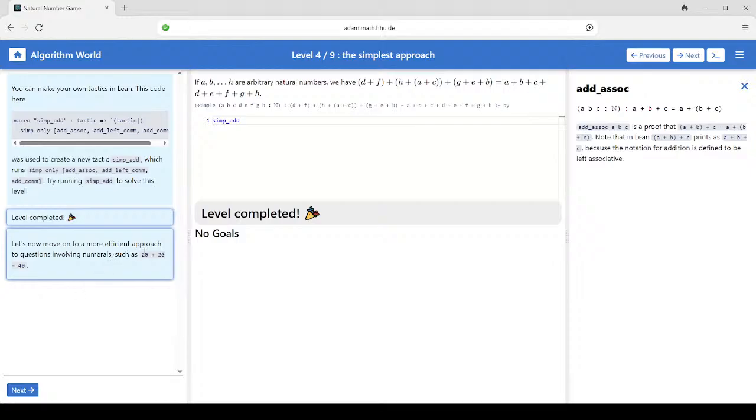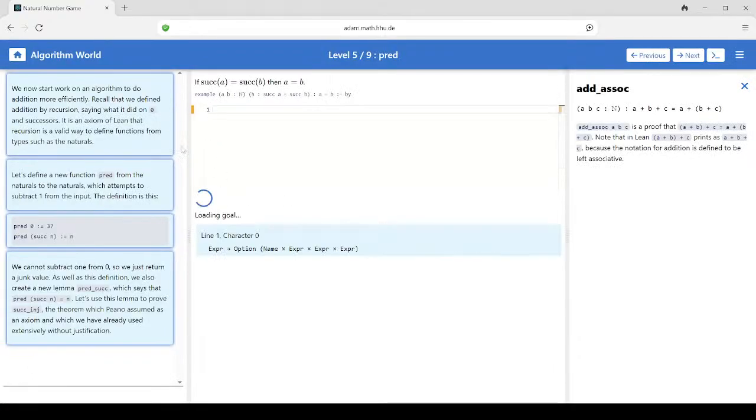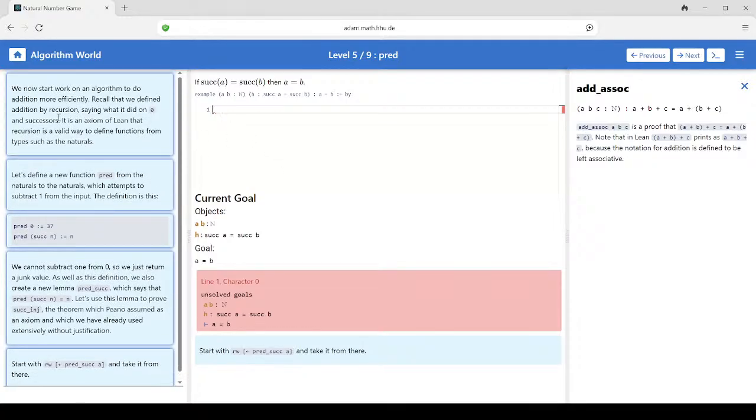Let's now move on to a more efficient approach to questions involving numerals, such as 20 plus 20 equals 40. We now start work on an algorithm to do addition more efficiently. Recall that we defined addition by recursion, saying what it did on 0 and successors.